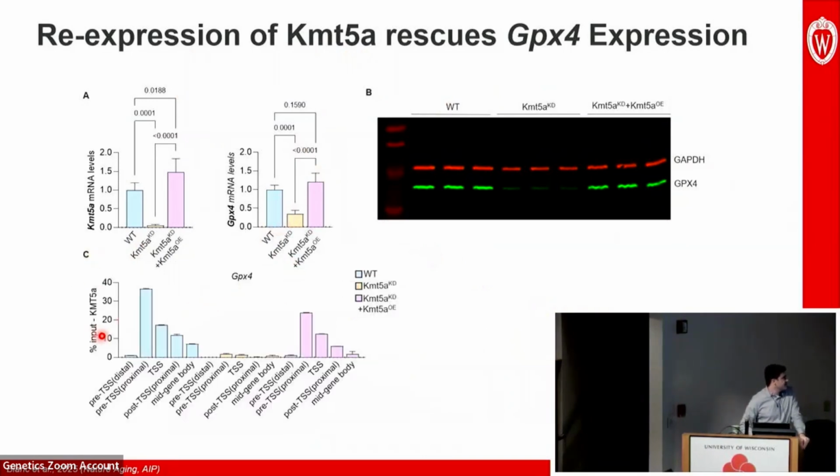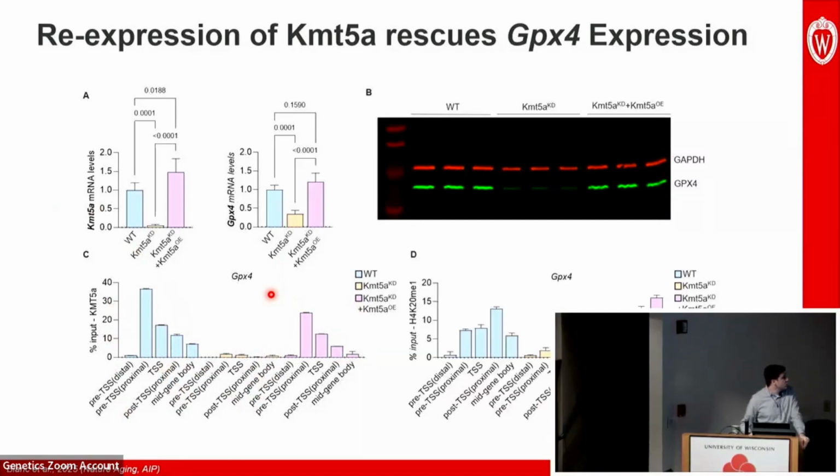We found that yes, KMT5A binds near the TSS of GPX4 only in the wild type, but not in the knockdown, and it's restored in the overexpression of KMT5A. It kind of worked as a rescue experiment, and this is for H4K20 monomethyl. So it's the same pattern, where you have the accumulation of H4K20 throughout the gene body that is lost when KMT5A is down.